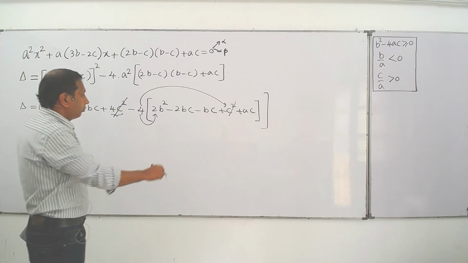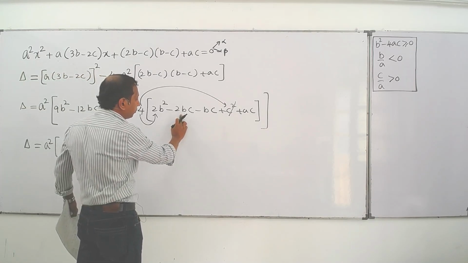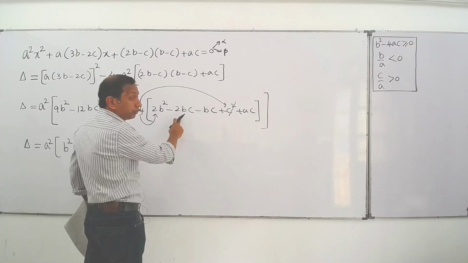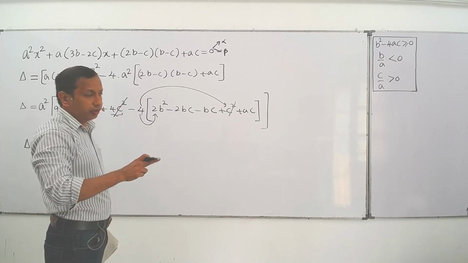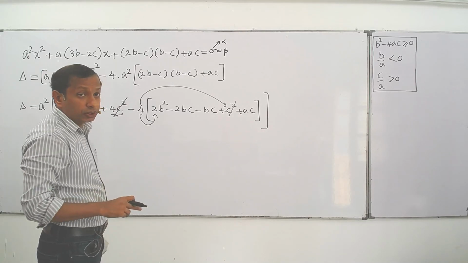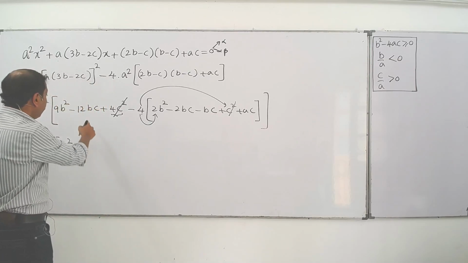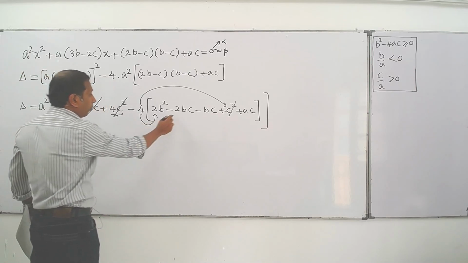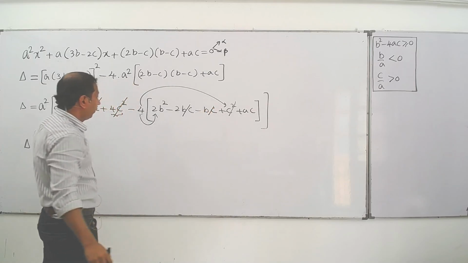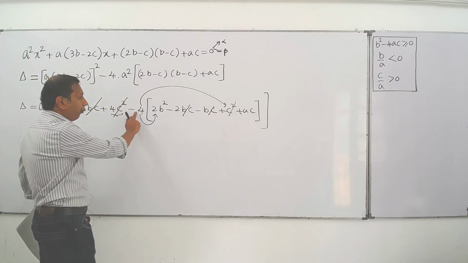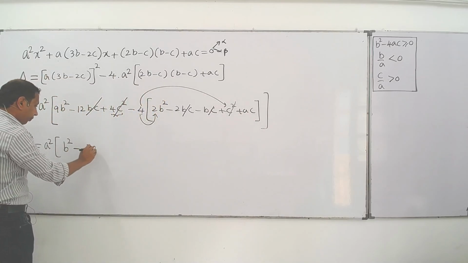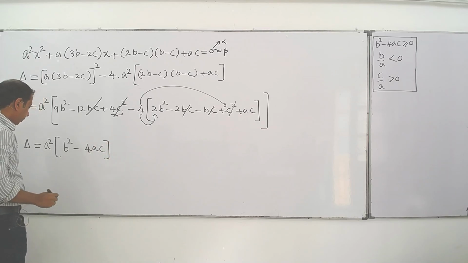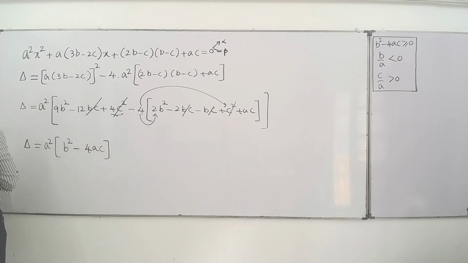Here minus 2bc minus bc, minus 3bc, and minus 4 times minus 3bc means plus 12bc. Here minus 12bc, that also we can cancel. Then here we get minus 4ac.